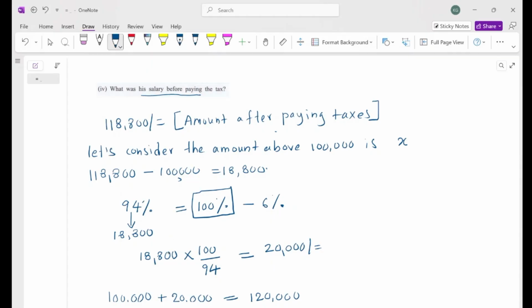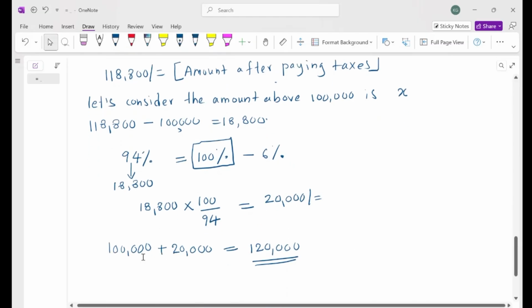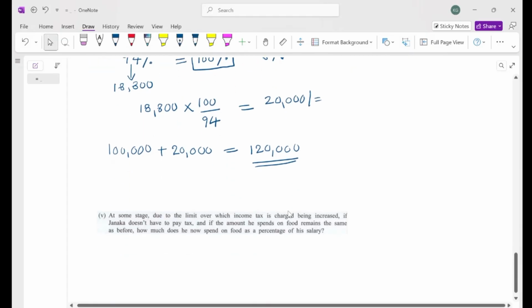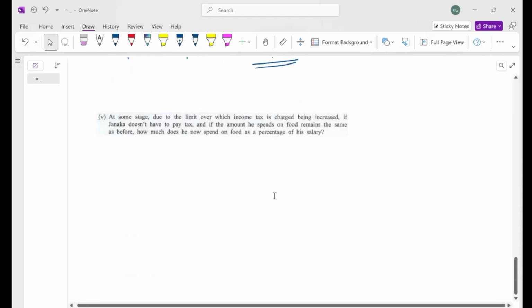To find 100%, if 94% is 18,800, we divide 18,800 by 94 and multiply by 100. So the 100% was 20,000. So his salary was 100,000 plus the amount on which the tax was imposed, 20,000. So the total salary was 120,000. Okay, I believe it is clear for you now. Let's move into the last part.